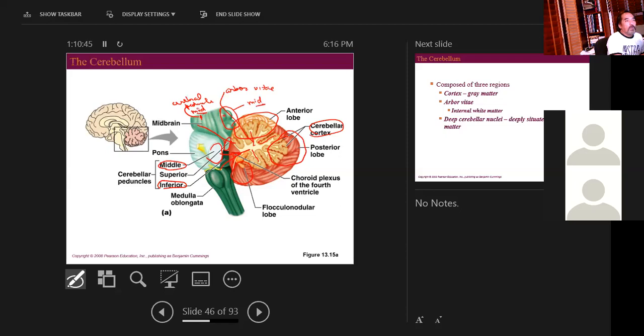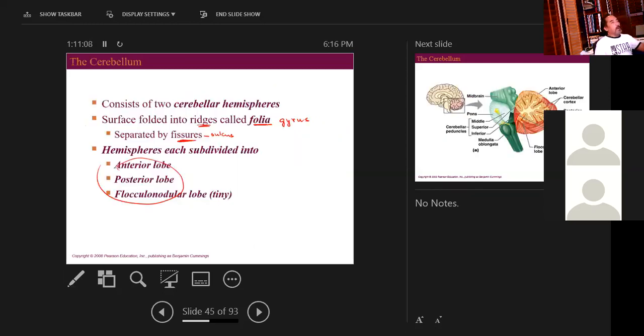Remember the two upper bumps are called your superior colliculus. And the one at the bottom, there are two bumps, that's going to be your inferior colliculus. Okay. All right. So we finished with the cerebellum.